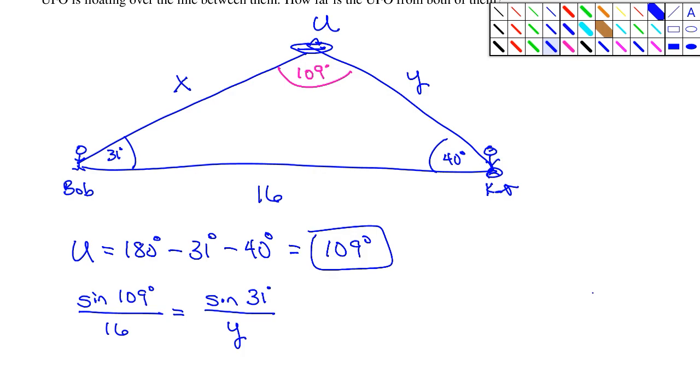Even though the 31 degrees is more associated with Bob, it is associated with the distance between Kat and the UFO. So here we go, cross multiply. So we get y sine of 109 is equal to 16 times the sine of 31 degrees. So y is equal to 8.72 miles.